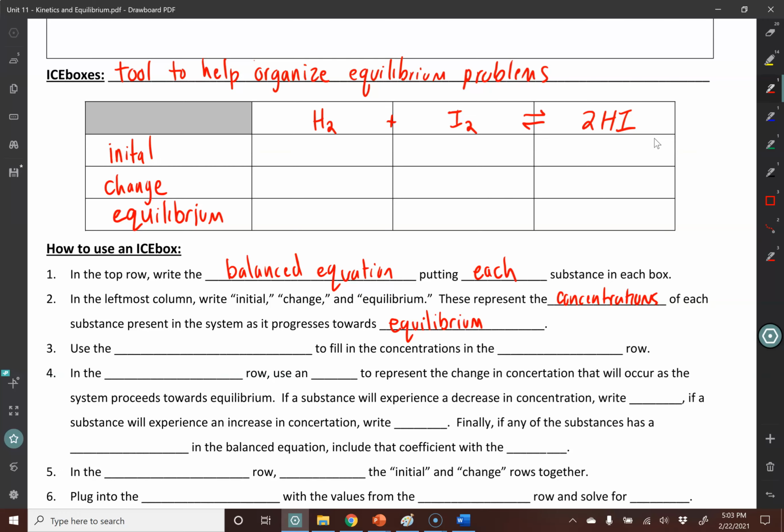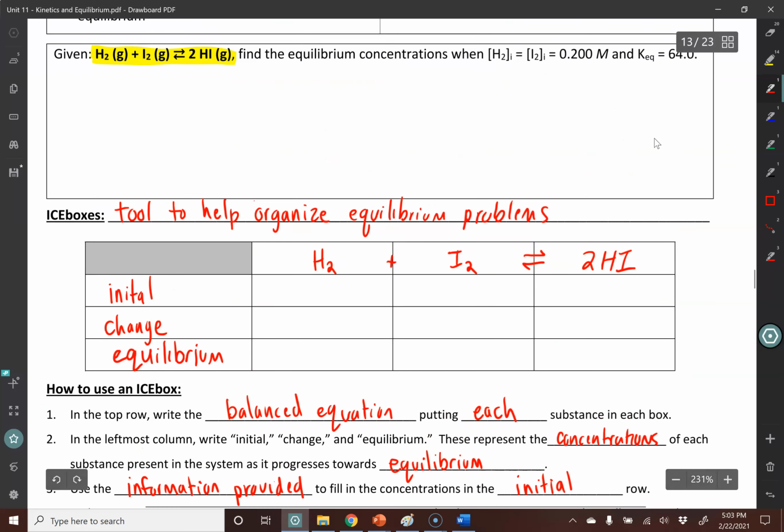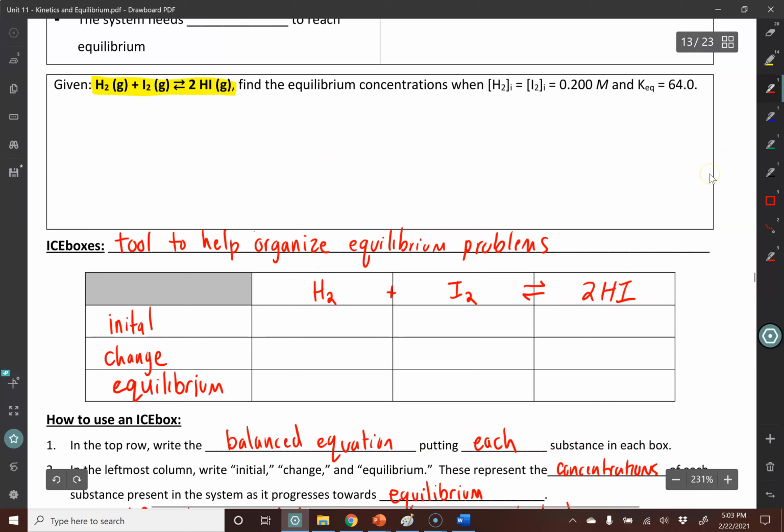Okay, so now we're set up. Now it's time to start filling out our boxes with some numerical values. We're going to use the information provided to fill in the concentrations for the initial row. So if you look back at the question, we're told that the initial concentrations of H2 and I2 are equal to 0.2 molar.